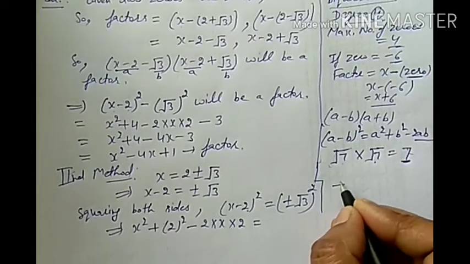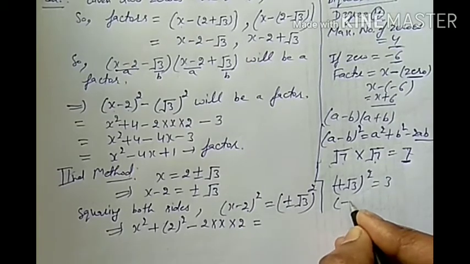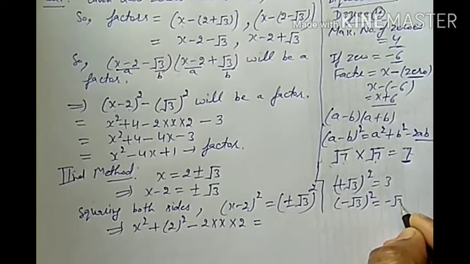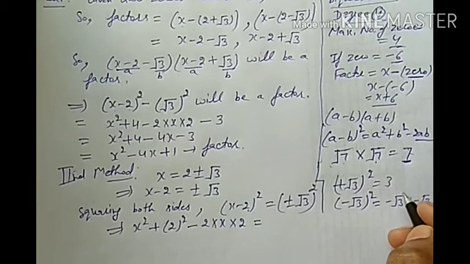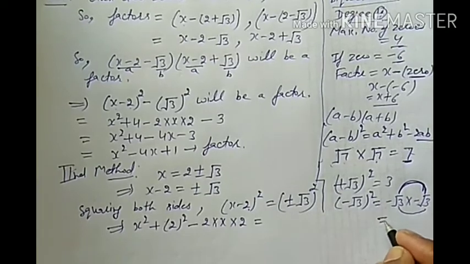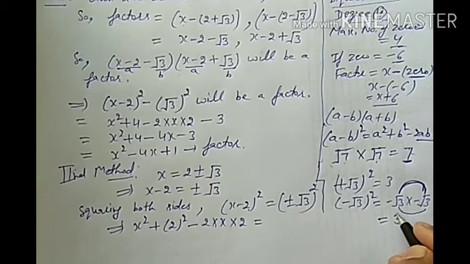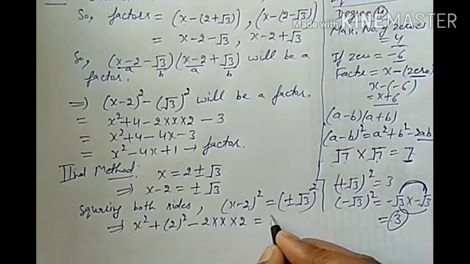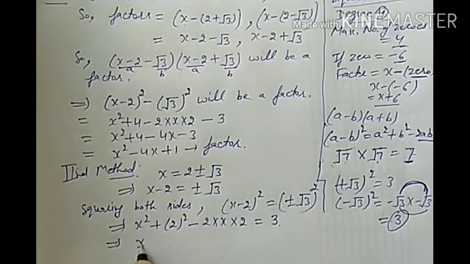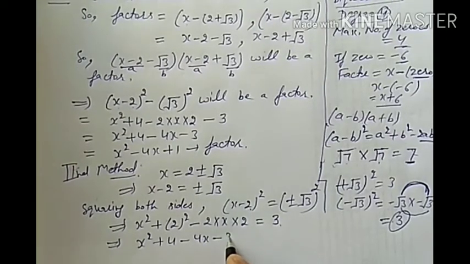You know plus under root 3 whole square is equal to 3. And minus under root 3 whole square is equal to minus under root 3 into minus under root 3. Now when we multiply under root 3 by under root 3, we get 3. Square root removes and minus multiply minus becomes positive. So we get 3 in both cases. It implies x square plus 4 minus 4x minus 3.